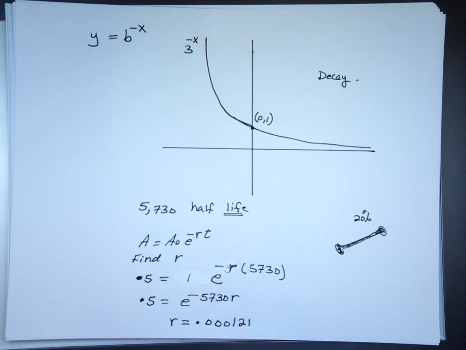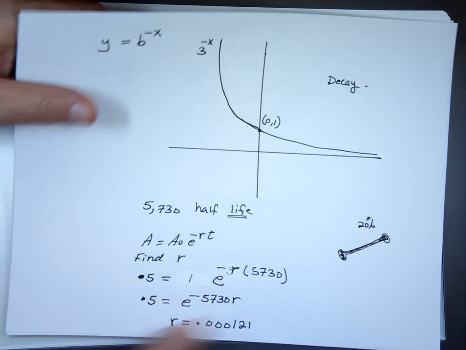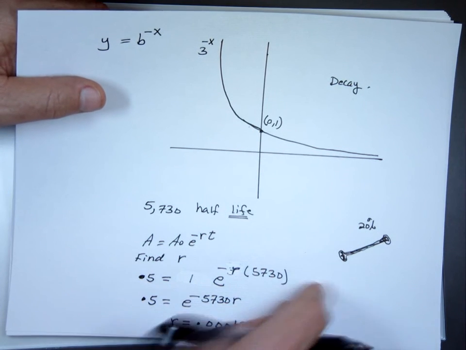Once I know what the rate of decay for carbon is, any piece I find, once I measure the carbon, I can tell you how old that piece is. How?